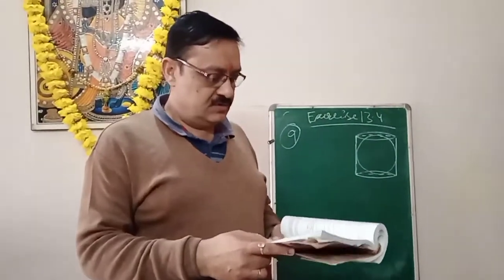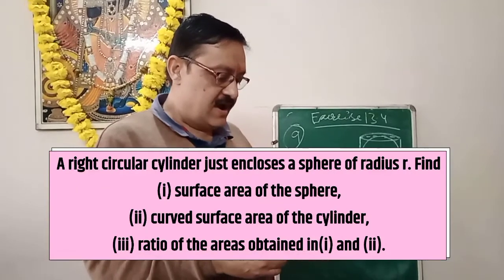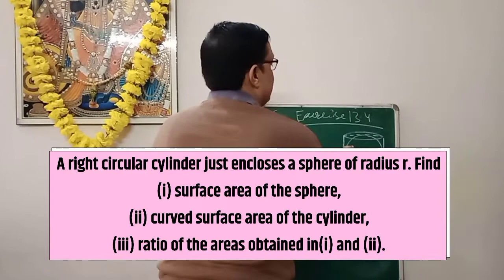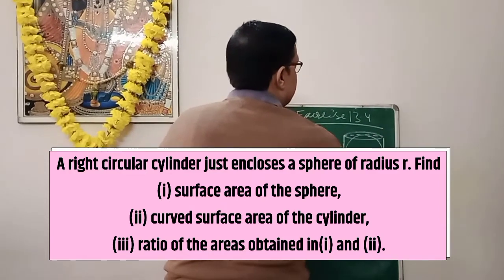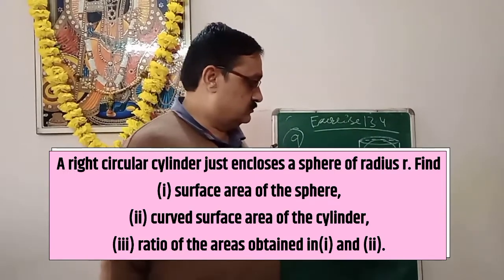Now the ninth and the last question of exercise 13.4. A right circular cylinder just encloses a sphere of radius r.